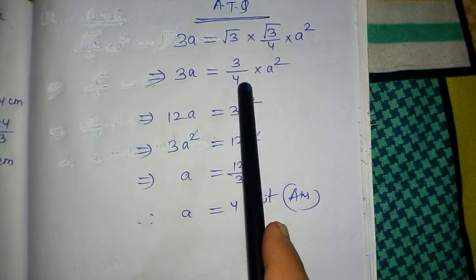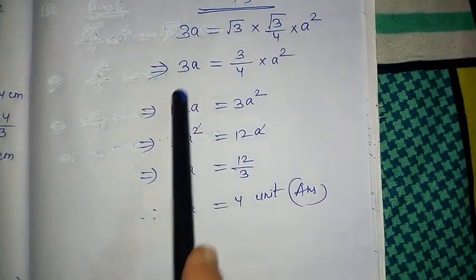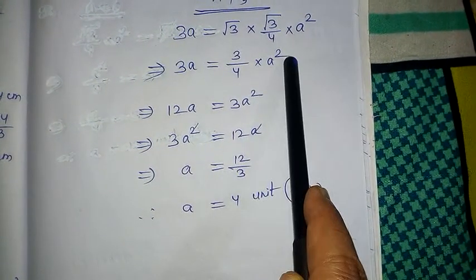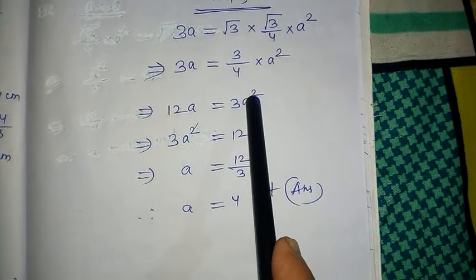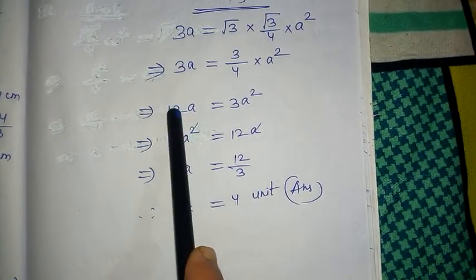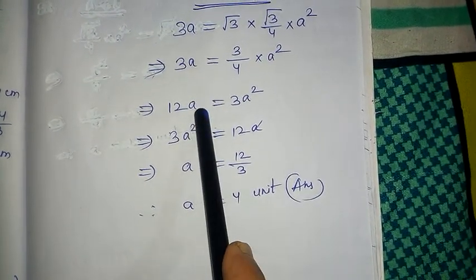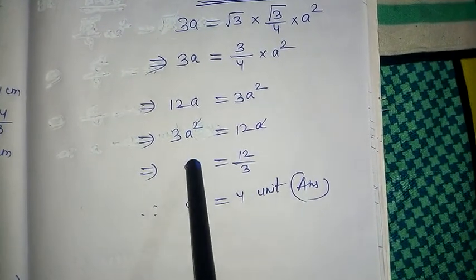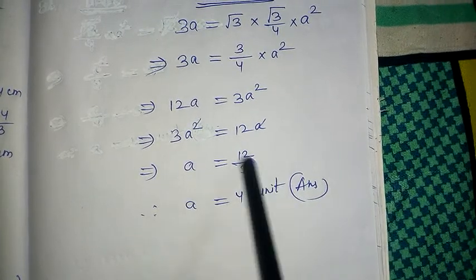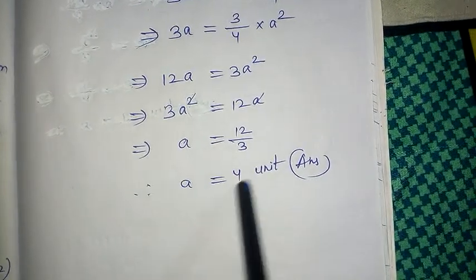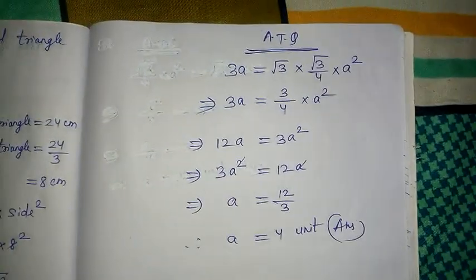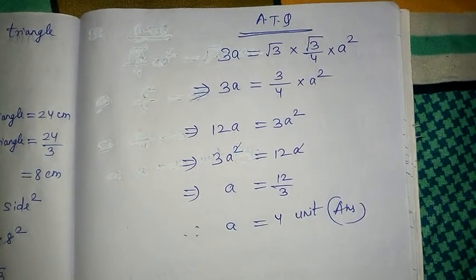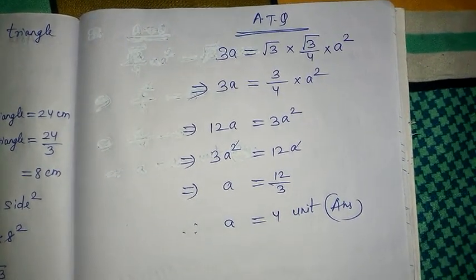And this 4 is in the denominator. 4 threes are 12a. 3 into a square, 3a square. Now interchanging, 3a square this side, 12a this side. This square of a and this a can cancel. So here we have 3a equal to 12. Now this 3 will come and divide. a equal to 12 by 3. a is 4 unit. So children, learn from my video and do some questions as homework. Thank you children.